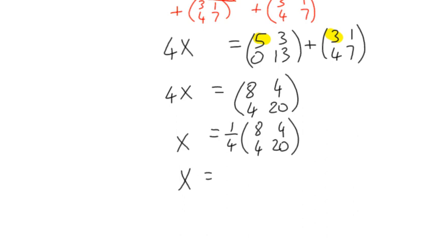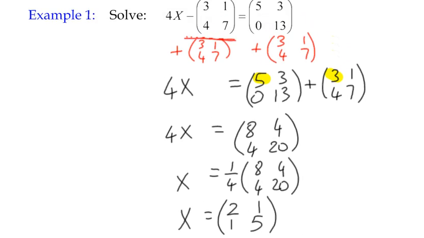If the elements are not multiples of the fraction, you can leave it in that form. But if I can divide everything by 4, then I will. And that gives me my answer that the matrix x is 2, 1, 1, 5. Solving a vector equation using just basic standard algebra techniques and our addition and scalar multiplication of matrices.